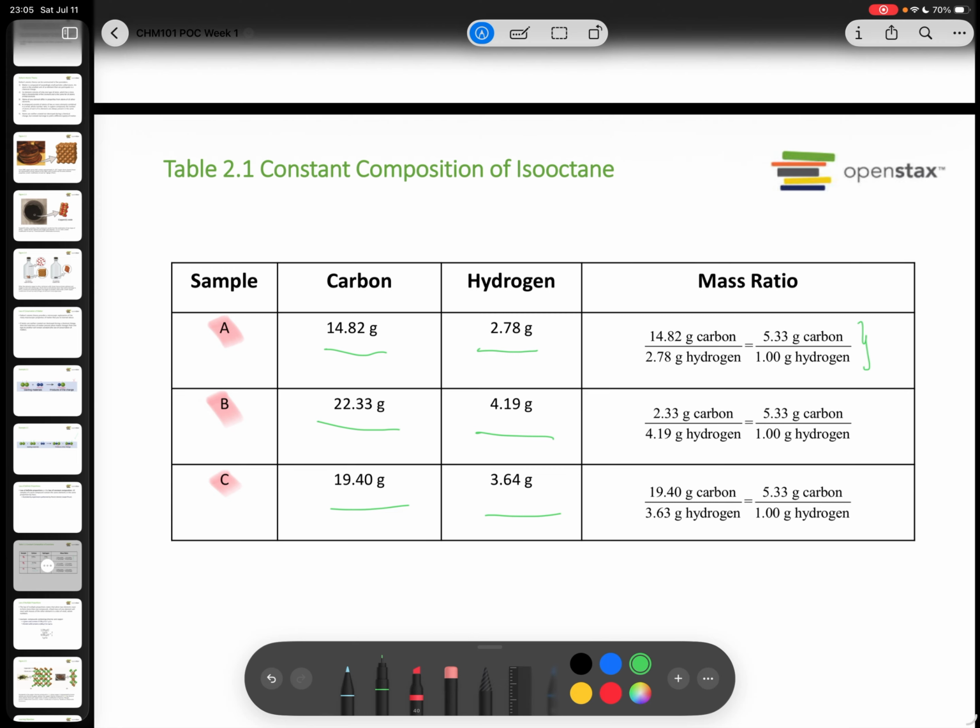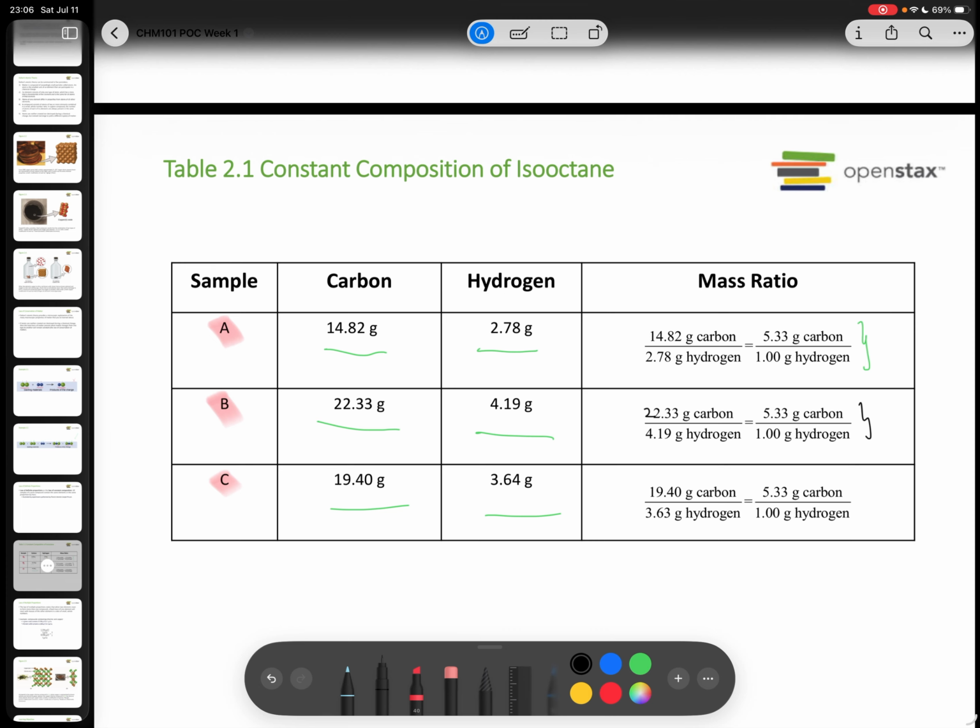Kung titignan naman natin dito sa sample B, meron tayong 22.33 grams of carbon over 4.19 grams of hydrogen. So pag dinivide niyo siya ulit, it will translate into 5.33 grams of carbon per 1 gram of hydrogen, no?